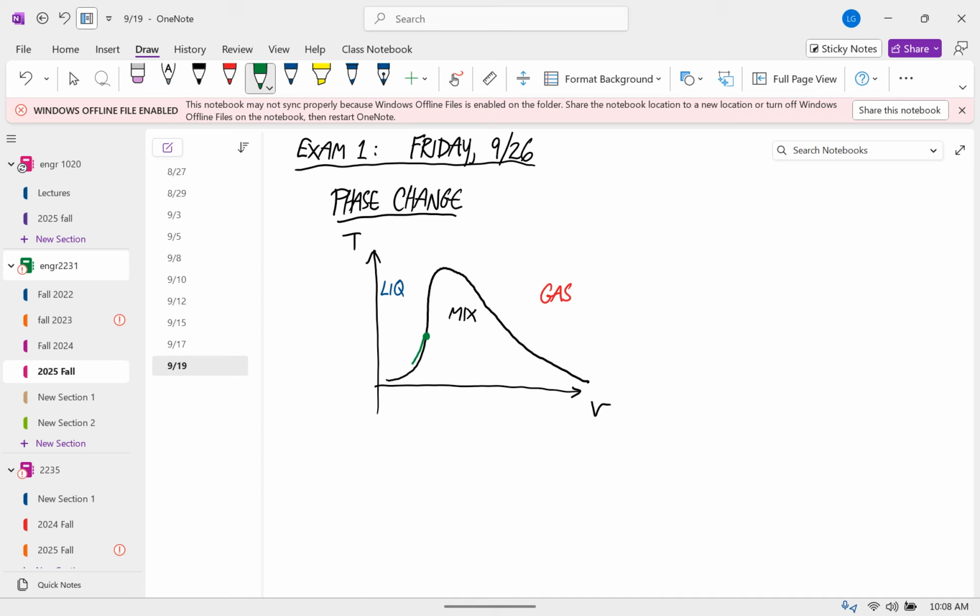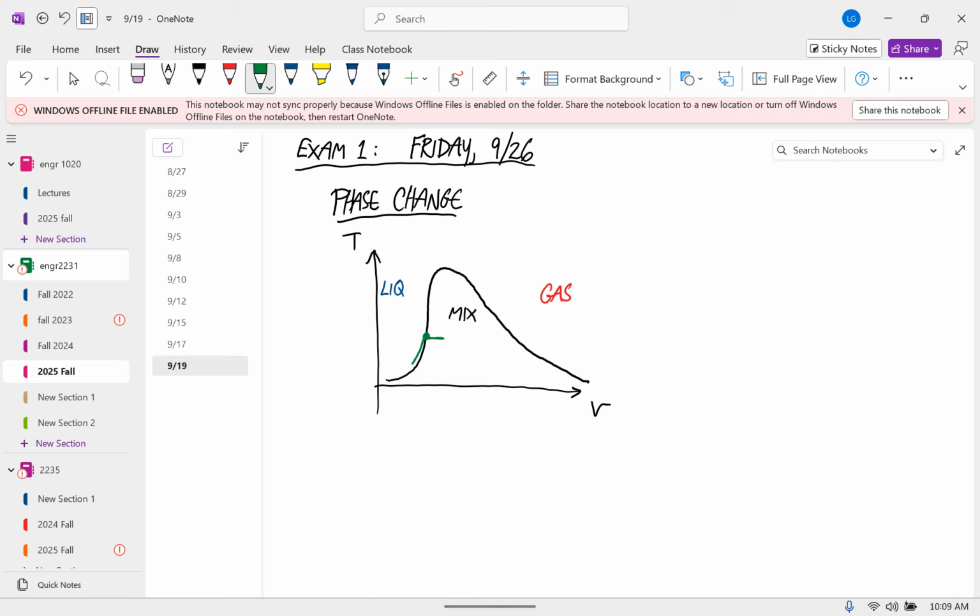And so it's all liquid. Now at this point, it's all liquid, but it's at the boiling temperature and pressure. So it's about to start turning to vapor. If it's water, it's turning to steam. And then as you keep adding internal energy, the temperature stops going up. That's what happens.